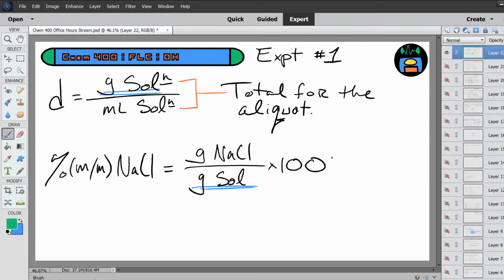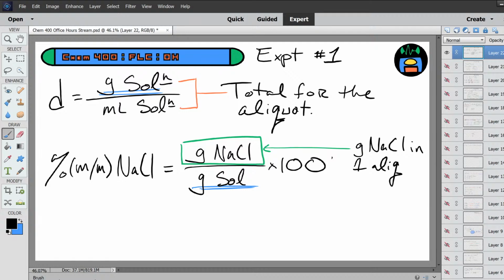Where the 1/5 comes in is the grams of sodium chloride, because this right here are the grams of NaCl in 1 aliquot, which each aliquot in this experiment is 20 mL, right?